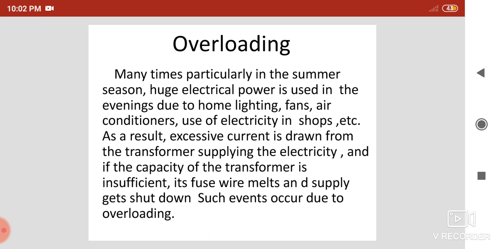If we use these appliances simultaneously, then there is a shortage of electricity. That condition is overloading.